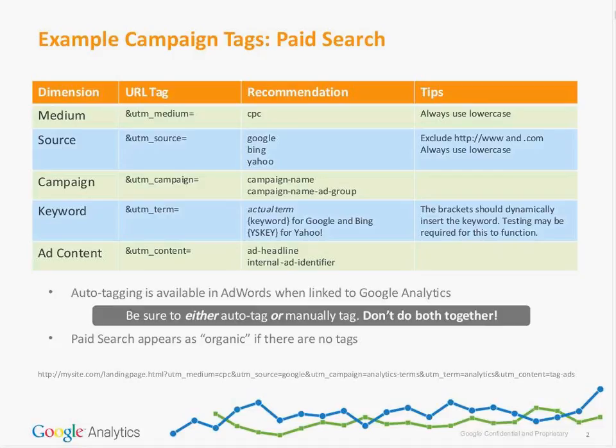First, you'll note that the most important part of this equation to get right is that you've denoted the medium as CPC. The medium is the method through which the visitor came to your site, and this would naturally be set to organic for a search engine, but setting it to CPC will enable this data to show up in key reports.